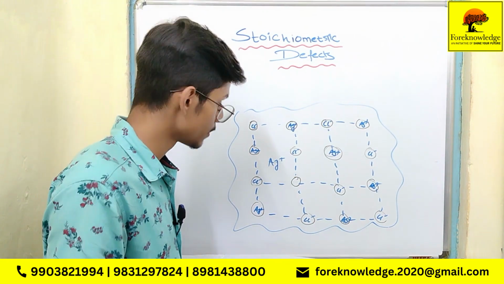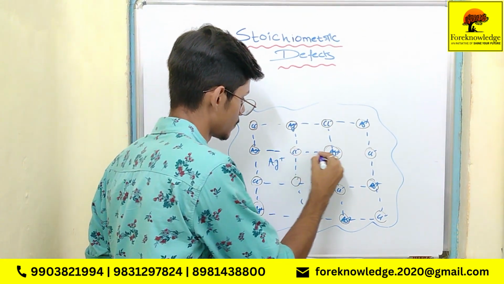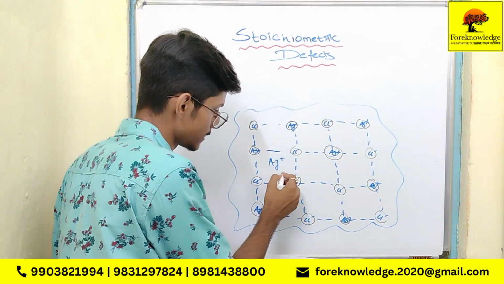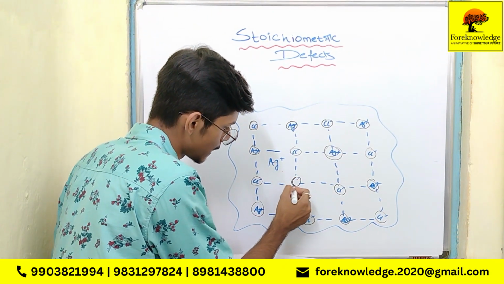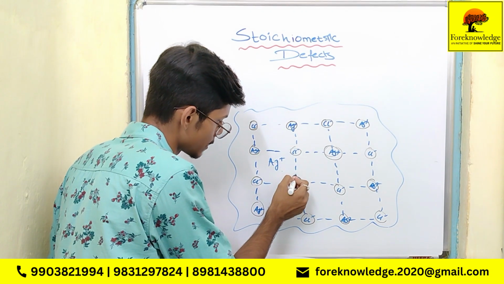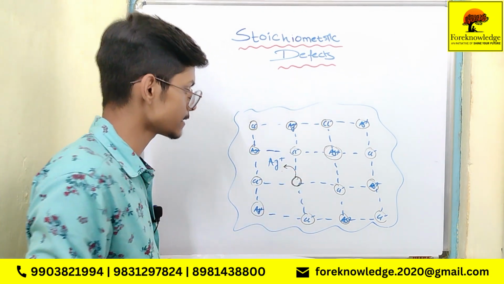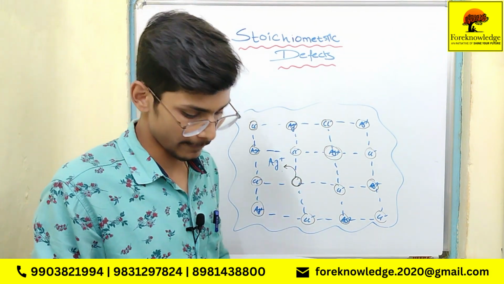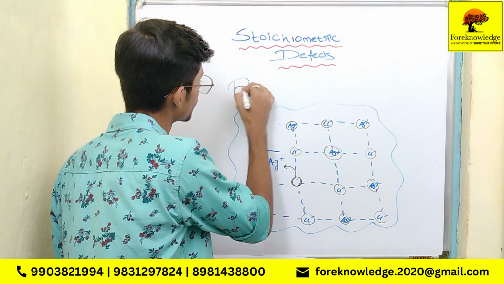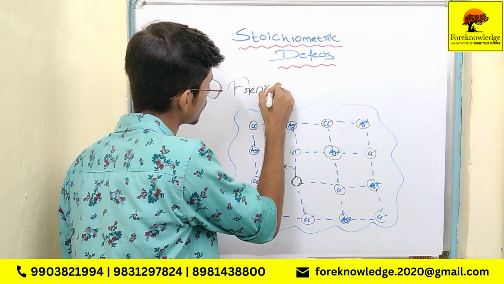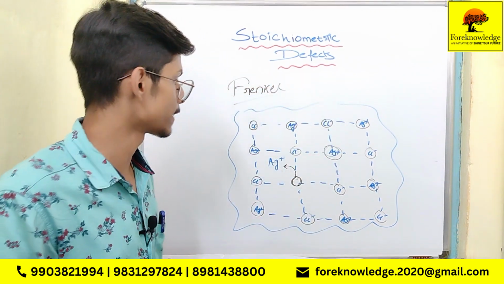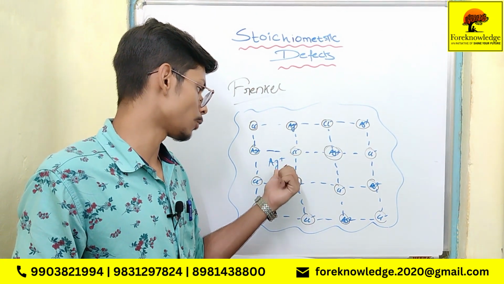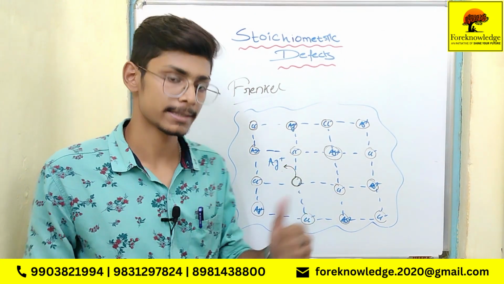Okay, so basically you can see here Ag, that is the cation, has left its lattice site and has occupied its interstitial state. So this is known as Frenkel defect. Okay, this is known as Frenkel defect when a cation leaves its lattice site and gets occupied in its interstitial site.